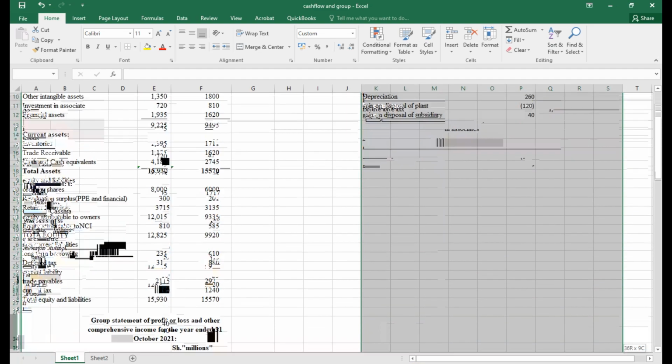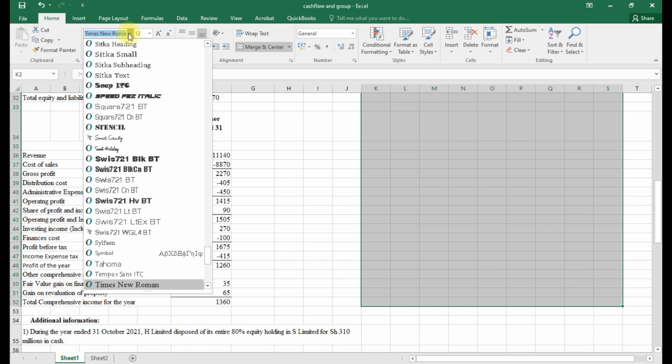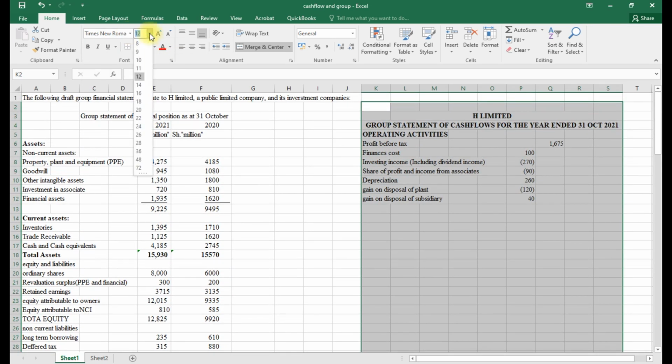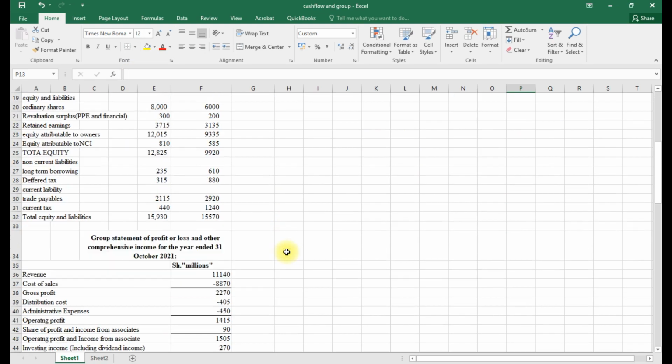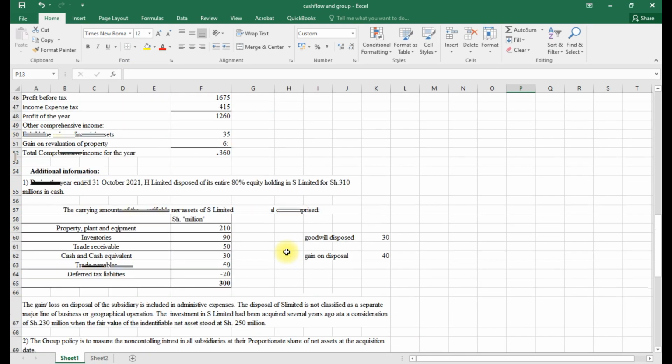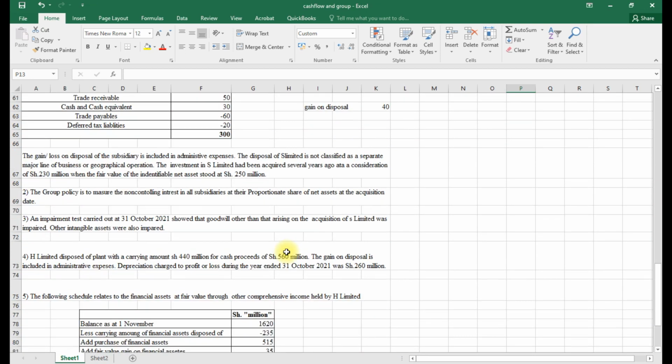I need this to be in Times New Roman, 12. Okay, so this gain I'll put as a negative. That way. What else do we know? Investment income we have already accounted for.